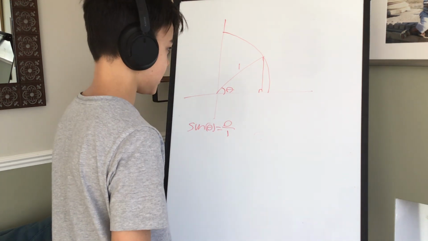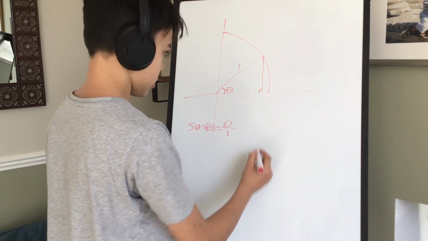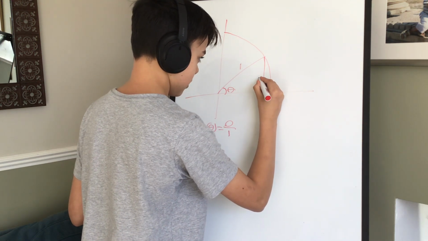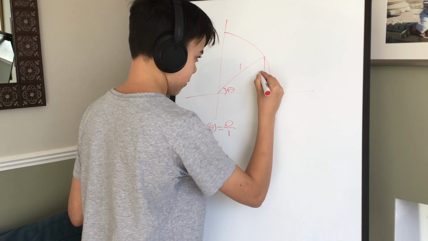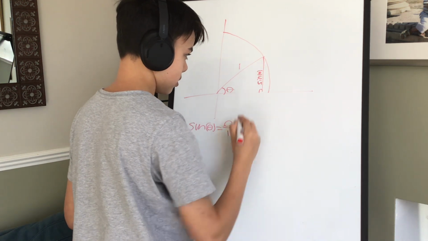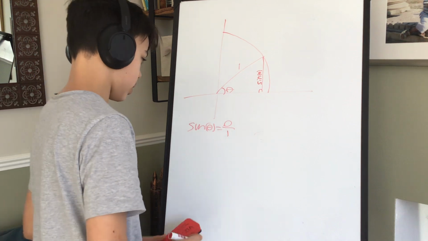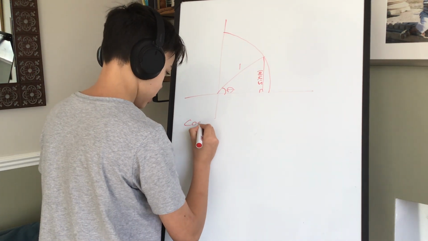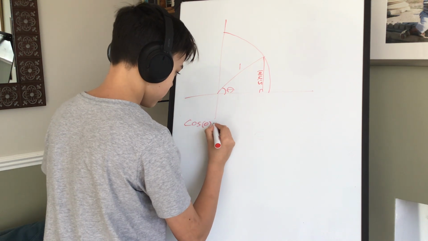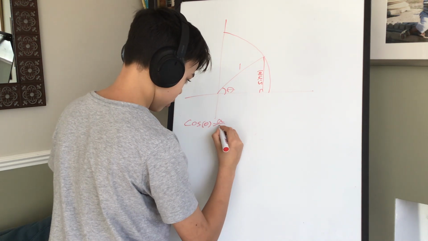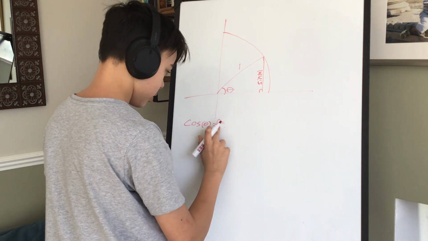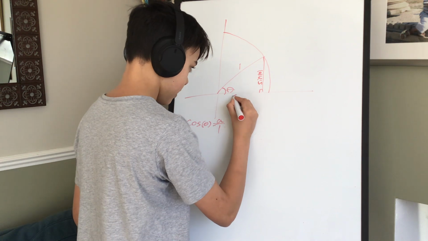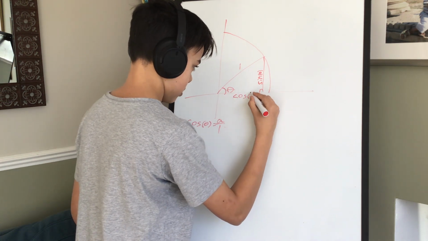Which means sine of theta equals the opposite. So here's the opposite, we can label this sine of theta. Exact same thing for cosine. Cosine equals the adjacent over the hypotenuse, right? So A over H. H is 1, so cosine equals the adjacent. Just like that.